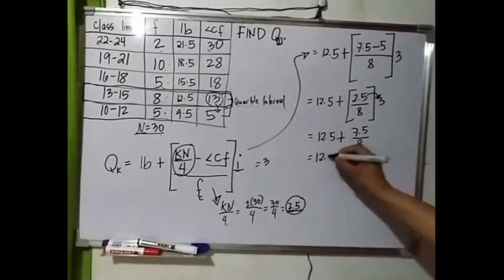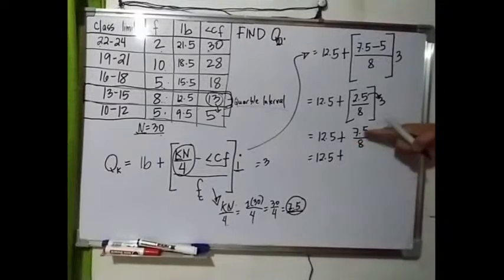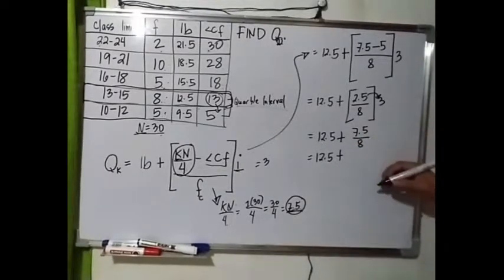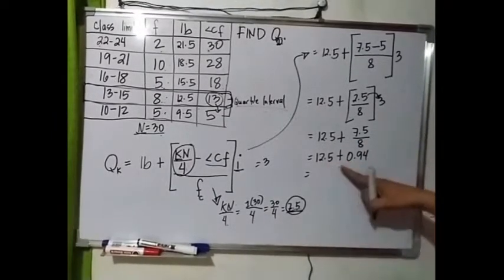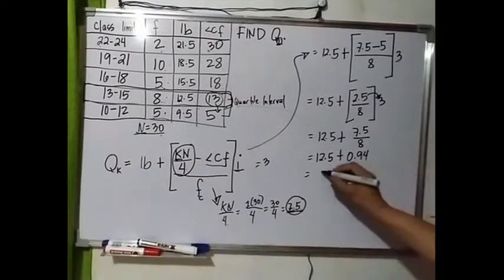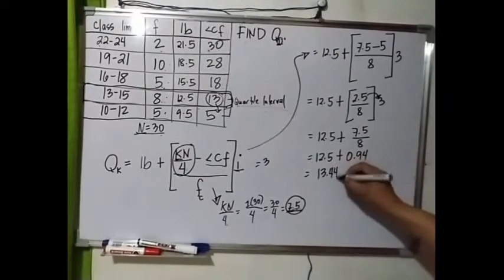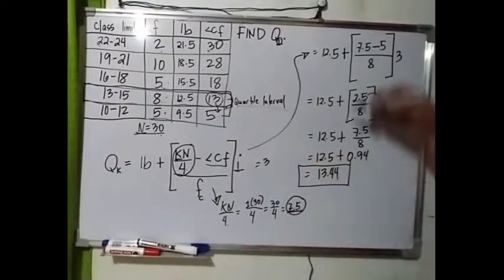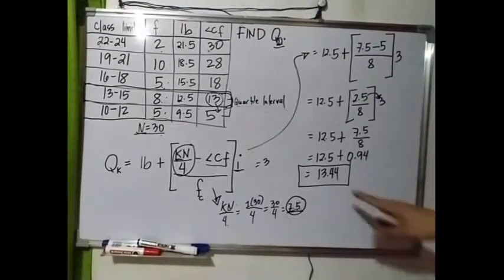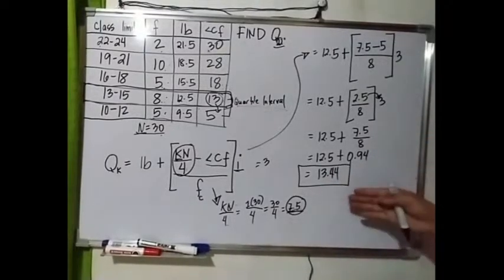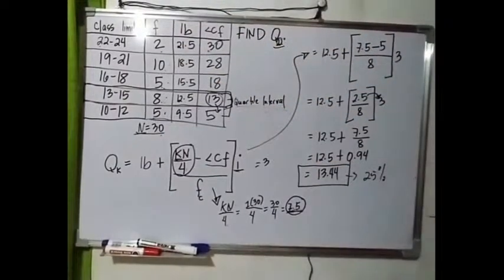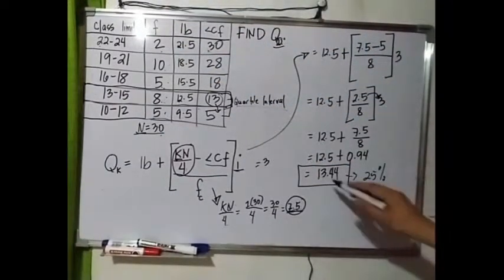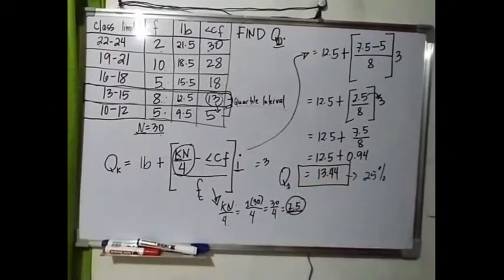Then 12.5 plus 7.5 divide 8, that is equivalent to 0.94. Then 12.5 plus 0.94, that is equivalent to 13.44. So ito na yung value ng quartile 1. So meaning 13.44, that is 25% of this data. Okay, so that is the value of the quartile 1. Okay, thank you.